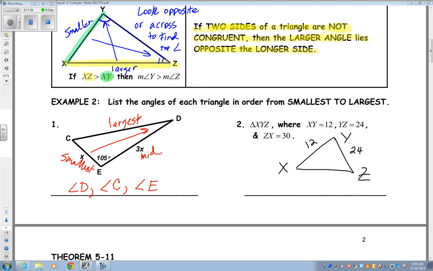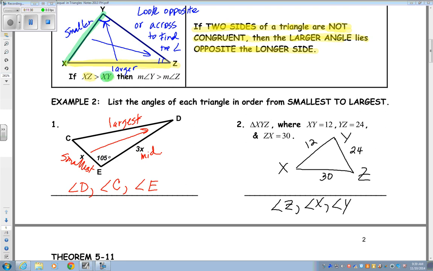And ZX is 30. All right, so based on the side measurements, they want the angles listed from smallest to largest. So what's our smallest angle? Angle Z, then angle X, then angle Y. Questions on that?